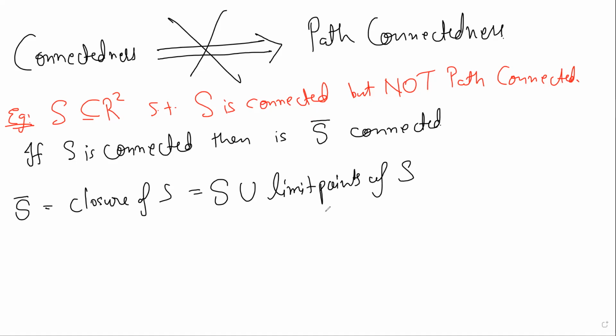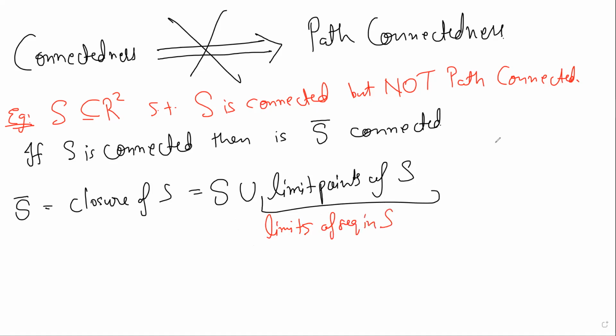That is just saying that you take sequences in S and you take their limits. Sometimes they may be outside S and you need to take them. So you start with S and you take all the limits of the sequences in S, and the set you get is called the closure.